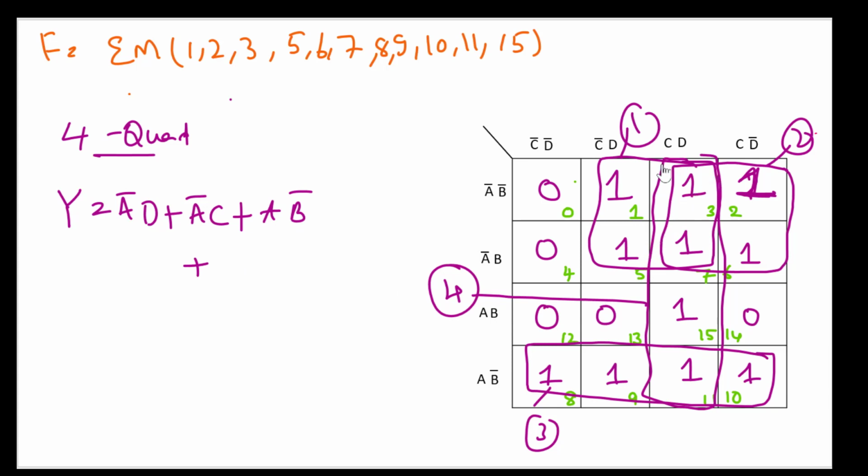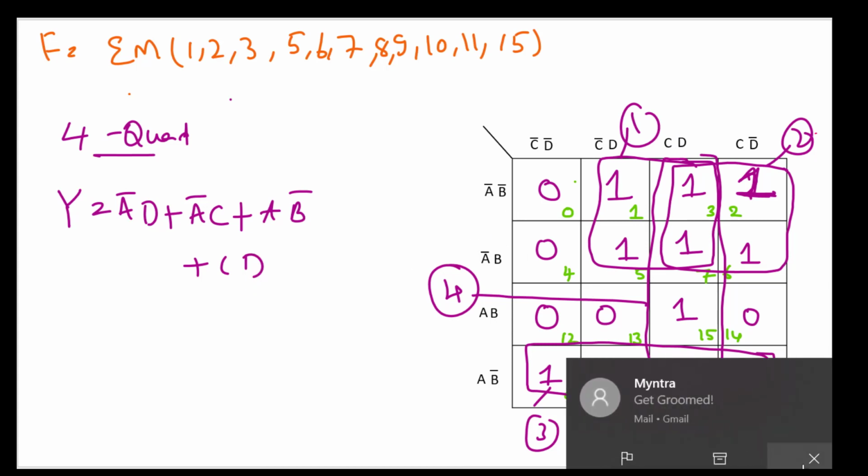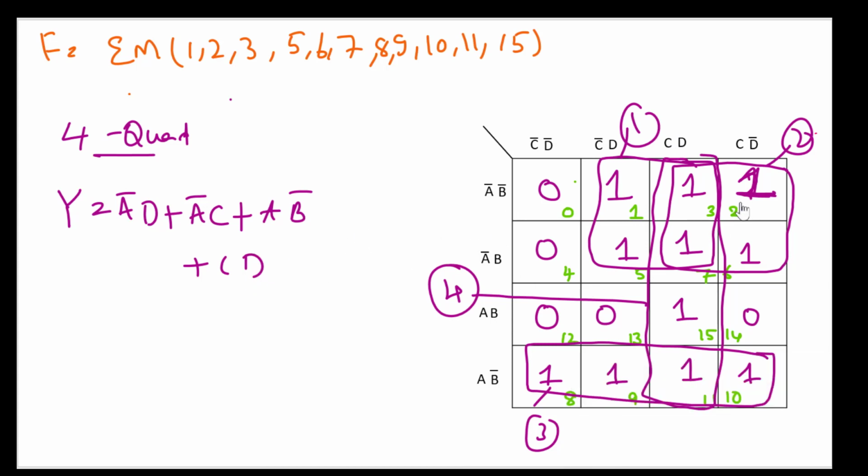And take the last one, that means C D of all the four, A bar B bar and A bar B, that means you are going to eliminate B bar.